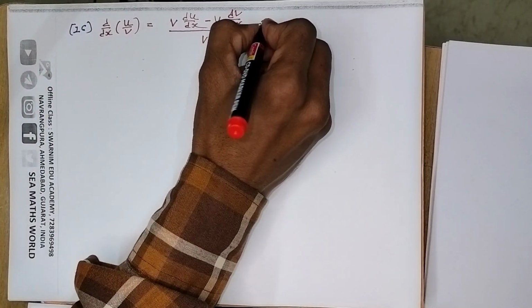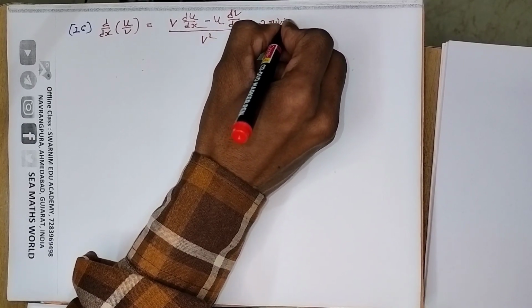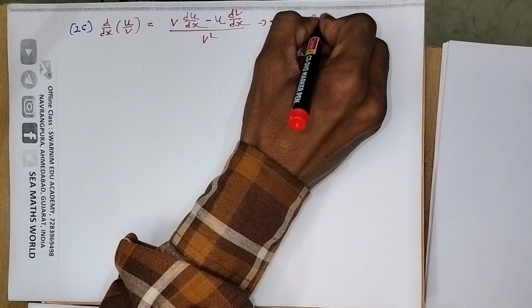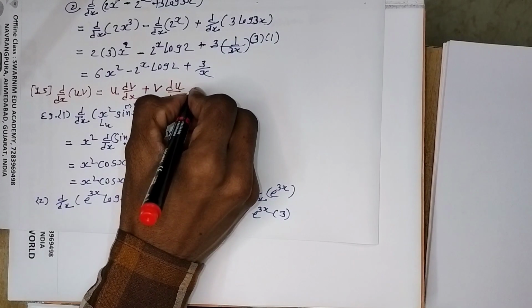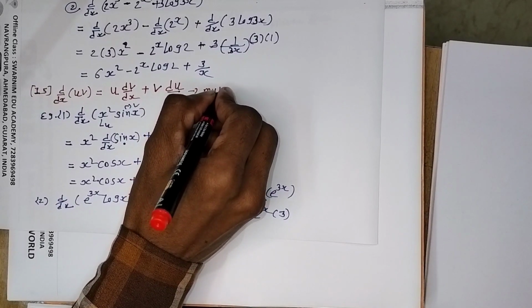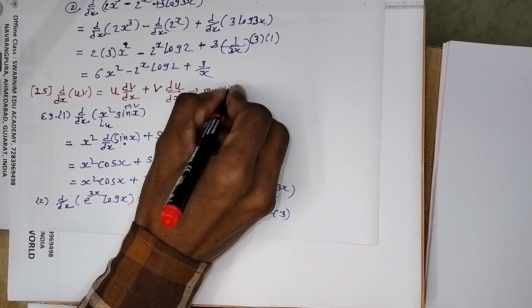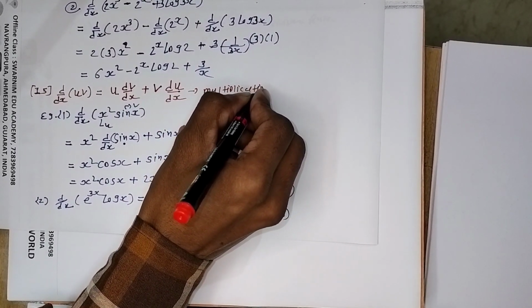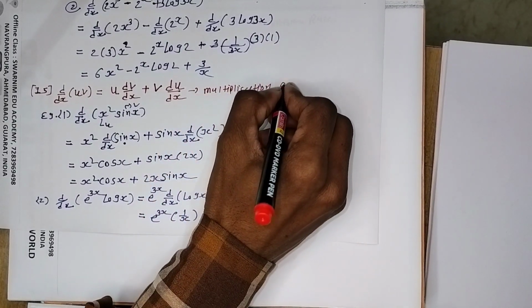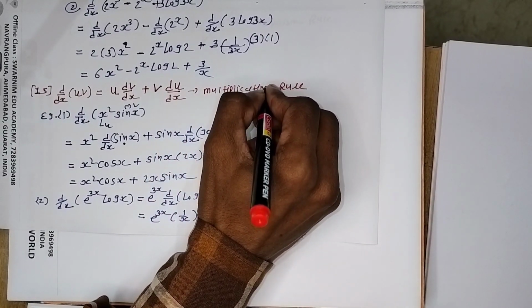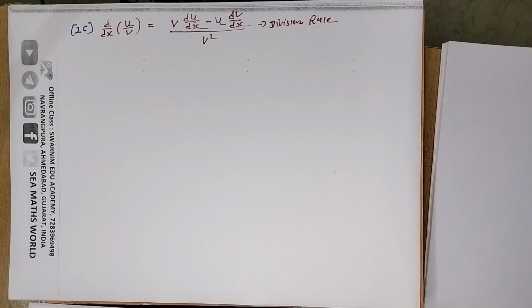It is also called the division rule. And what we have studied previously is called the multiplication rule. Okay, now let's understand it through an example.